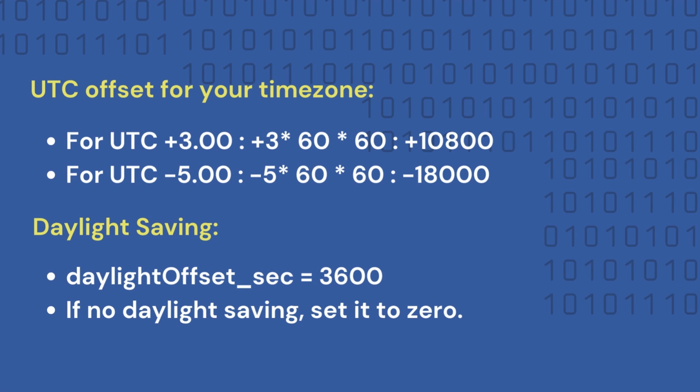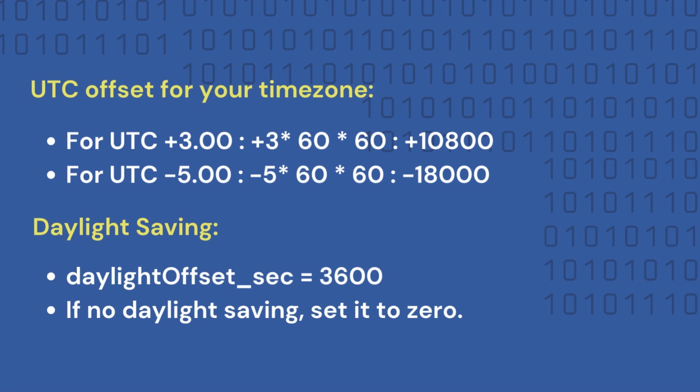Before we move on to the code and the simple sketch that we'll be working on, it's important to realize that there are two offsets that we would need to identify and specify for us to get an accurate time reading. I will be linking a list of UTC time offsets for different countries in the description below.